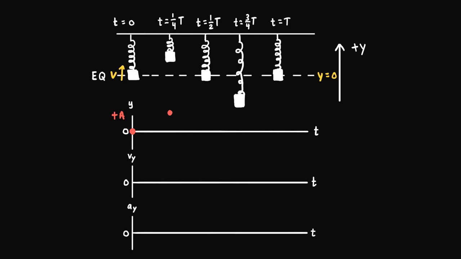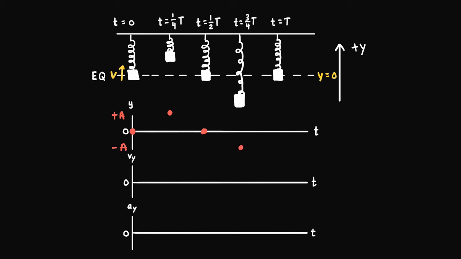After 1/2 of the period has elapsed, the object returns back to equilibrium, and so its position is once again 0. After 3/4 of the period, the object is an equal distance away from the equilibrium line as it was at 1/4 the period, but now that amplitude is below the equilibrium position, and so it's a negative amplitude.